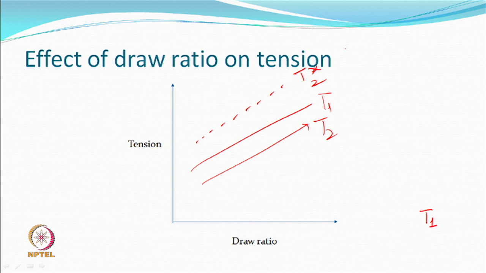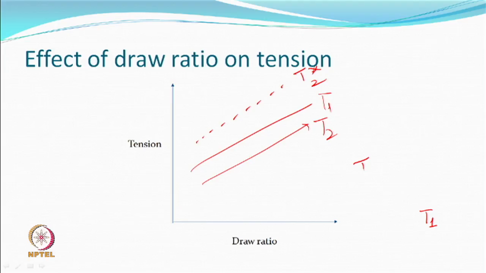So, what do you think? Both are right. It could be above or it could be below based on the d by y ratio. If the d by y ratio happens to be in the range where T2 is supposed to be high, it will remain high and keep increasing with the draw ratio. If it is in the other zone, then it will remain below and keep increasing.